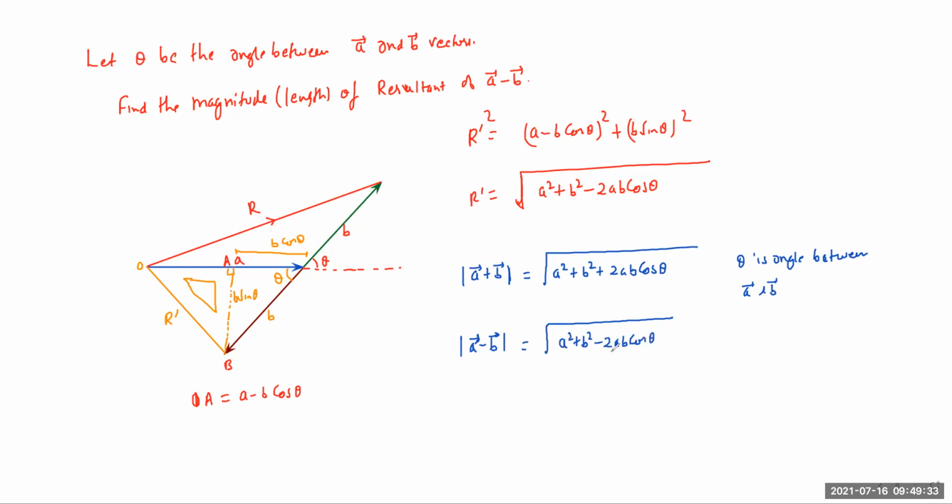So it turns out to be A square plus B square minus 2AB cos theta. Now what is interesting here? In the calculation of A minus B, I have taken the angle of the previous case. So the theta here is the same. That's why the answer is different. So here theta is still the angle between A and B. It's not the angle between A and minus B. If I ask you what is the angle between A and minus B, can you tell me?